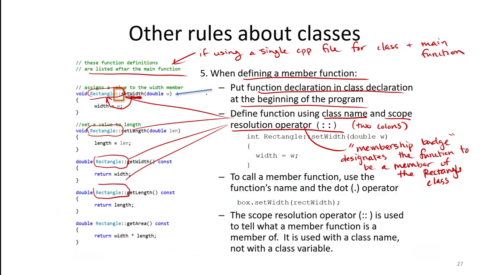And so as noted down here, the scope resolution operator is used to tell a member function that we are a member of that class. And notice we use the class's name itself. So we use rectangle, not box. We use the actual name of the class here.